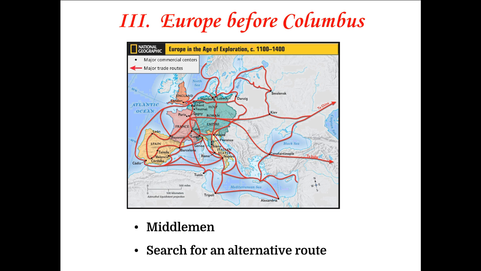Every time a trade good passes through a set of merchants, the price goes up. So, by the time we get to the 1400s, Europeans are looking for an alternative route for trade routes. In the 1400s, the Middle East, the Ottoman Empire was expanding, and these trade routes were becoming more and more expensive for Europeans. Europeans are looking for a different route.